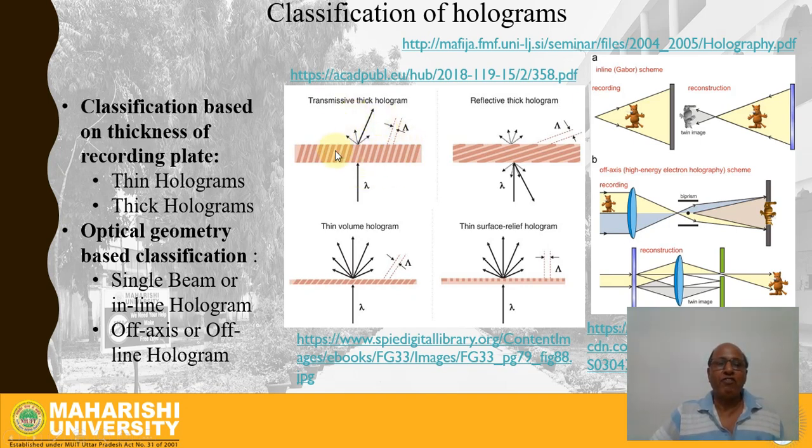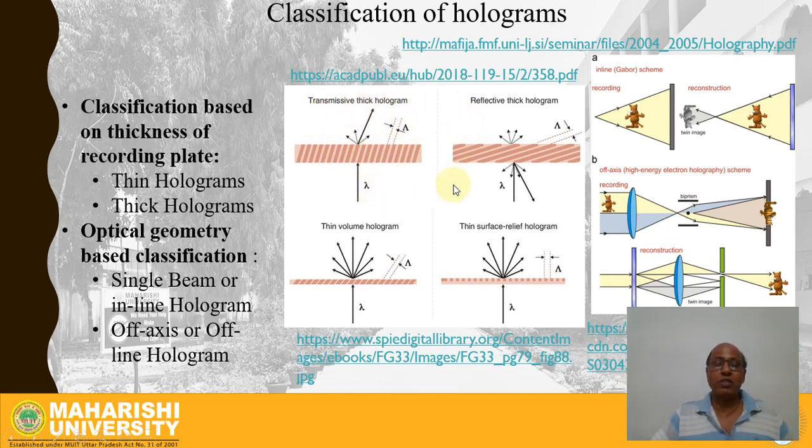This type of thick hologram can also be considered a color filter, because whenever you change the direction of viewing, you are basically viewing one particular wavelength which is different from the reference wave. So these are the two advantages of the thick hologram.